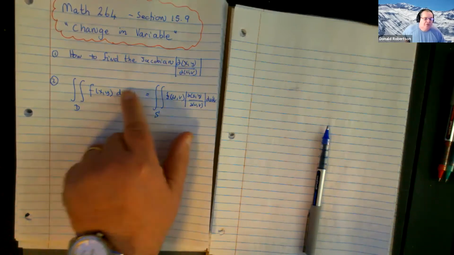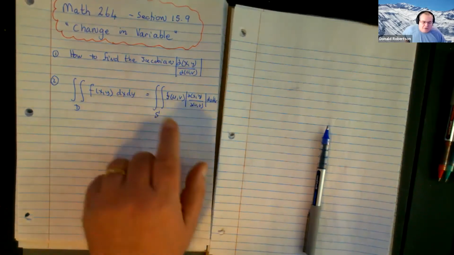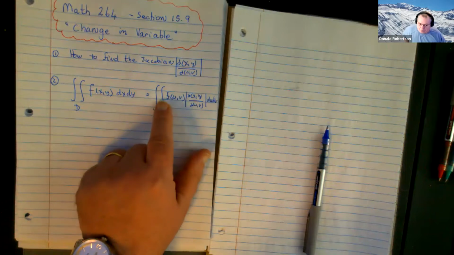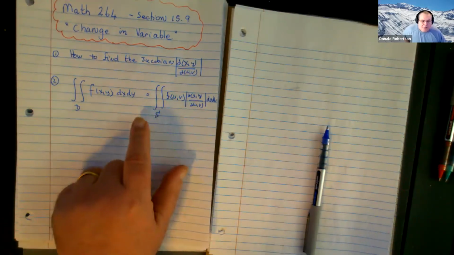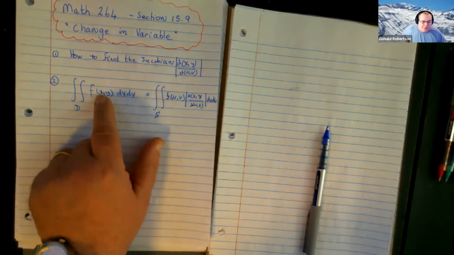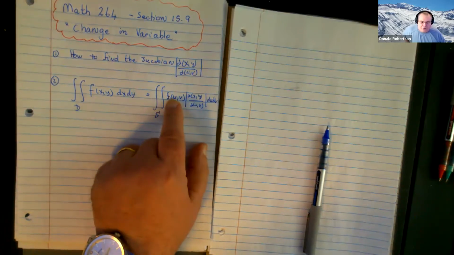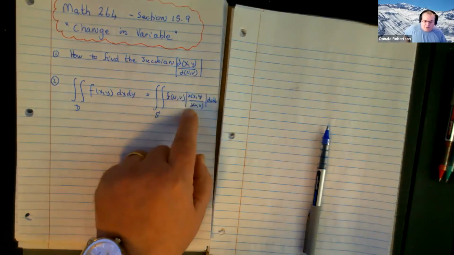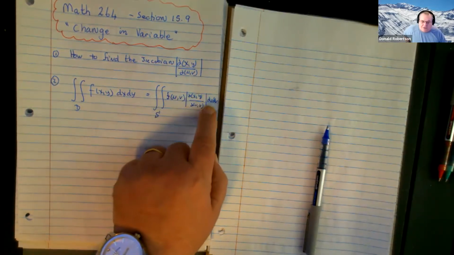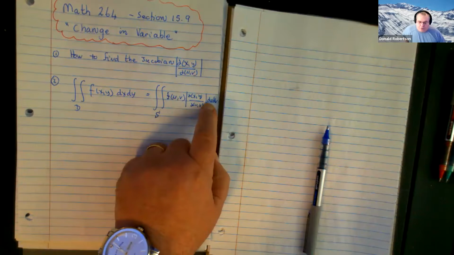What the change in variable formula is indicating here is that you can find a different double integral that's got the same value as that. But instead of the function being in terms of x and y, we're going to convert it to u and v. We're going to then multiply by the Jacobian and integrate with respect to the new variables u and v.